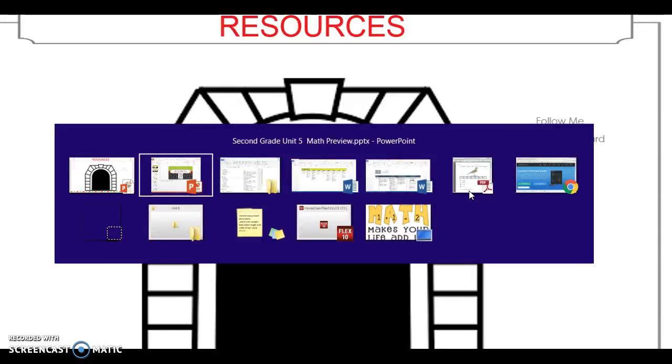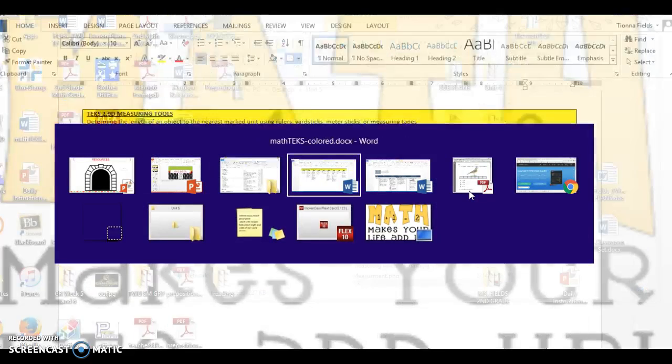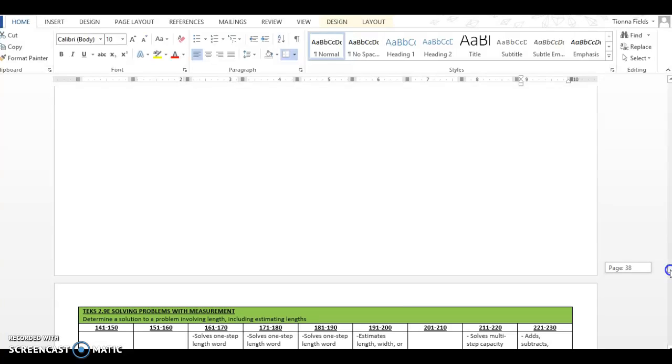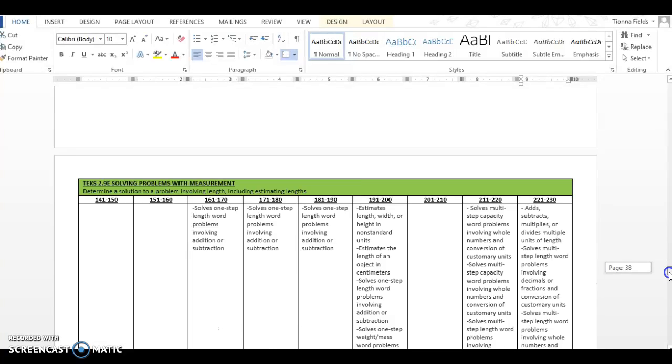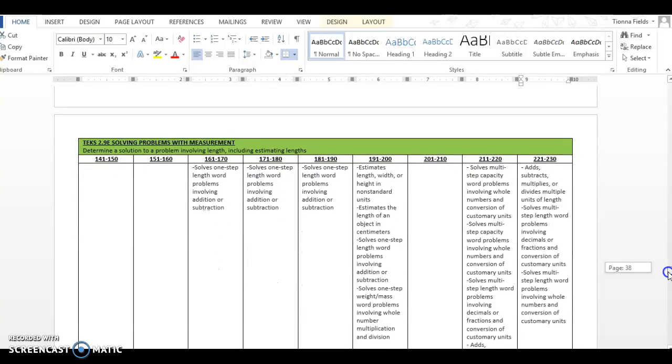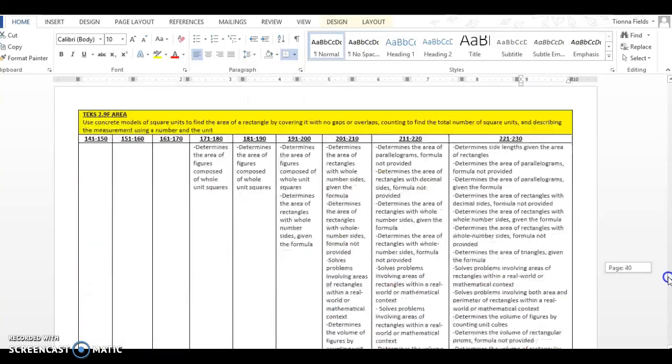If we talk about our resources, I want to make sure that you are utilizing this document that I did share with you at Collab Day. If you go in, it'll tell you that 2.9D, which is a TEK, is going to be tested on MAP all the way from 141 to 221 in the RIT, and it'll tell you exactly what that RIT group needs in order to pass their MAP score. Also, you can see 2.9D, 2.9E.